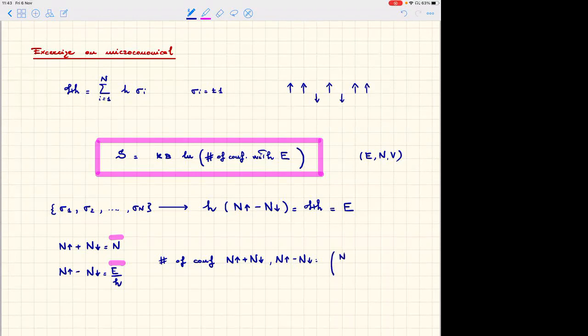The answer to this question is the following. If I fix a total n up plus n down, and I want a certain value for the difference, this is equivalent to asking how many ways I have to put n down particles in n slots. This is equal to n choose n down, so n factorial divided by n up factorial times n down factorial.